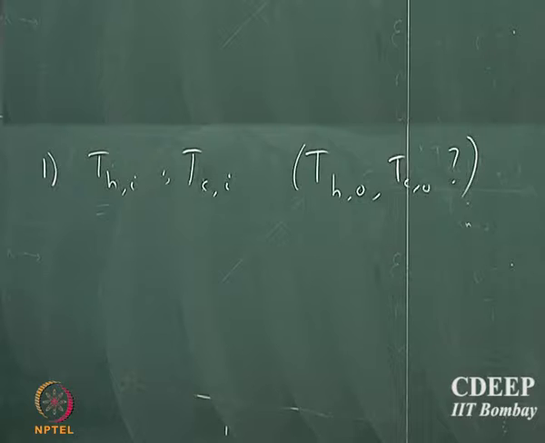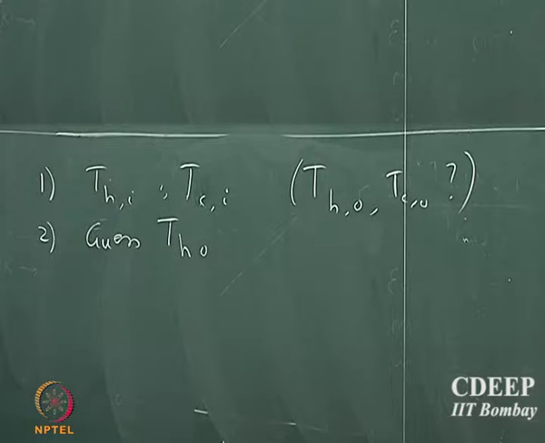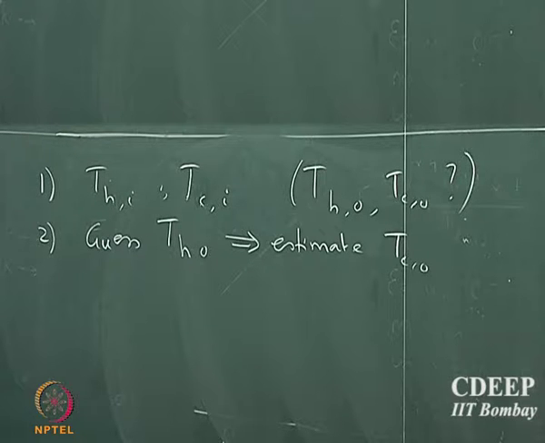We only know these two quantities and we don't know these two quantities. So if I use the delta T LMTD method, the way to go about is, I can guess what should be the THO. From this I can estimate TCO. I can do that because I can always write a simple m dot Cp delta T equivalence and I can find out the cold outlet temperature.